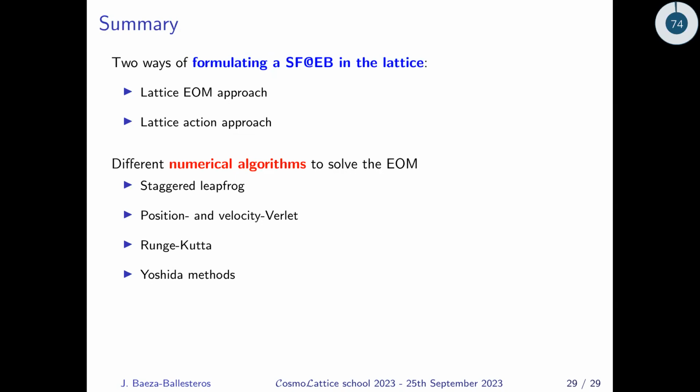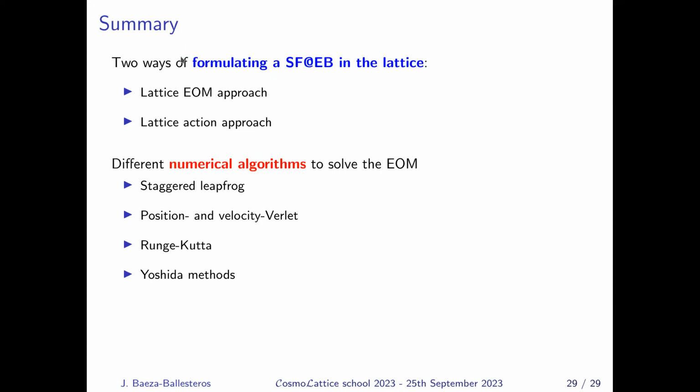Yeah, so a brief summary. In this lecture, I have covered how one can lattice-ize, so how one can put on the lattice a theory for a scalar field in an expanding background, and which are some of the numerical algorithms that one can use to solve the equations of motion that we obtain.